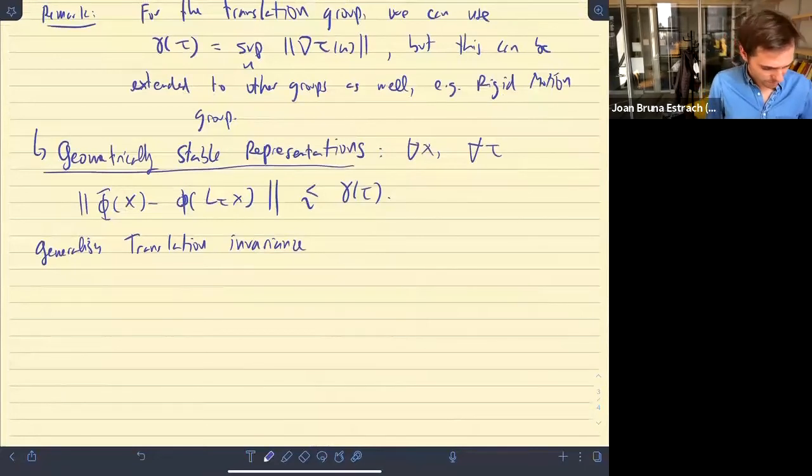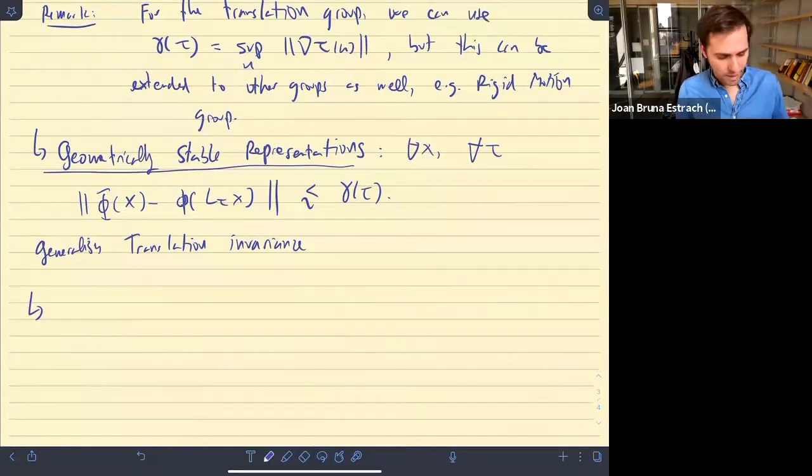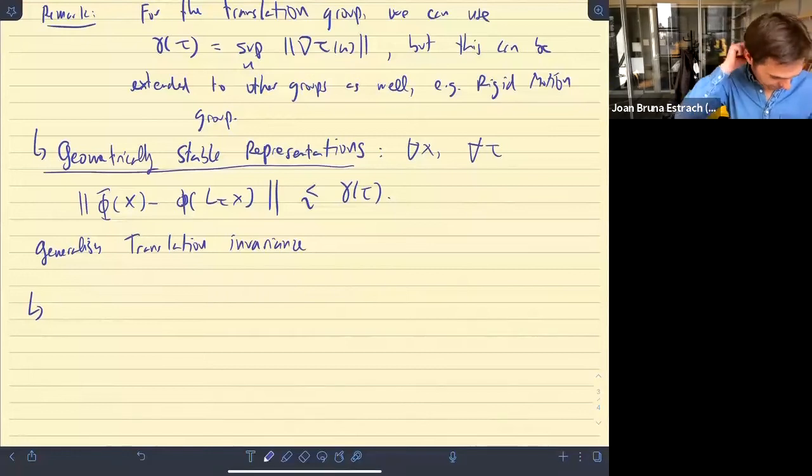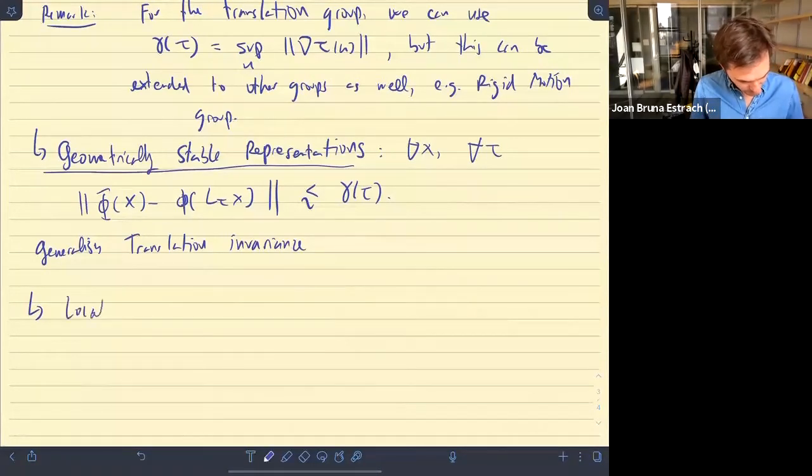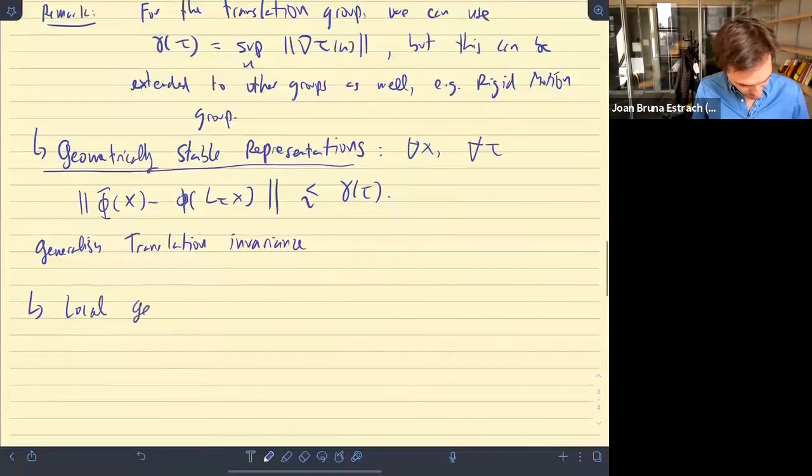And let me also mention that there's also a natural extension, local geometric stability.